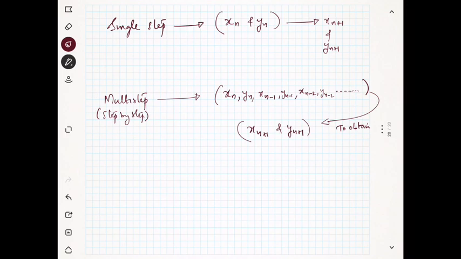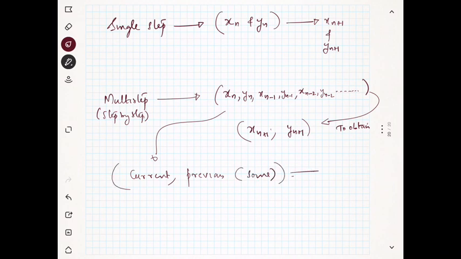So this is the method. That means we will be using xn, yn, xn minus 1, and so on. That is, we use the current values and maybe some previous values, and we use all of these to obtain xn plus 1 and yn plus 1.